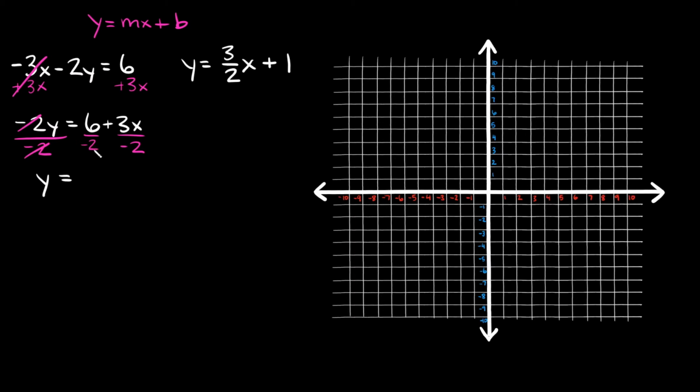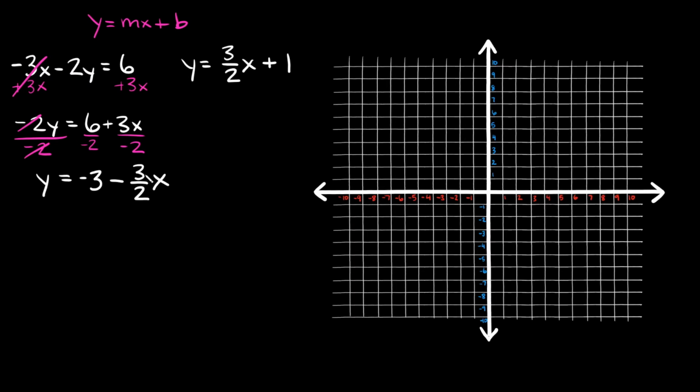And then that's going to be equal to 6 divided by negative 2, which is negative 3. And then here we have positive 3x divided by negative 2, which is negative 3x over 2. Or I could write this a little bit differently, as minus 3/2 x, like that.